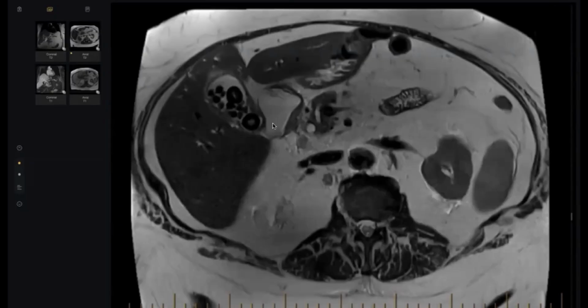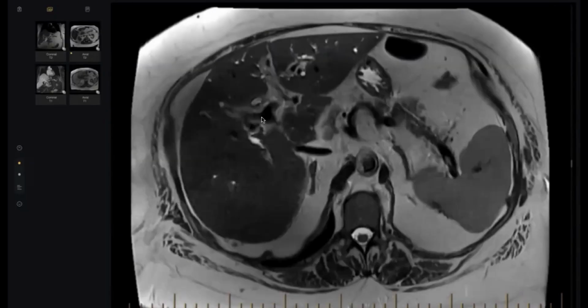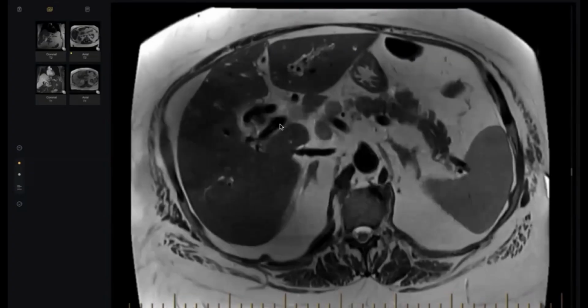No, no stone in the CBD. See, there is intrahepatic dilatation, and most of the CBD is dilated over here. Please follow the CBD.